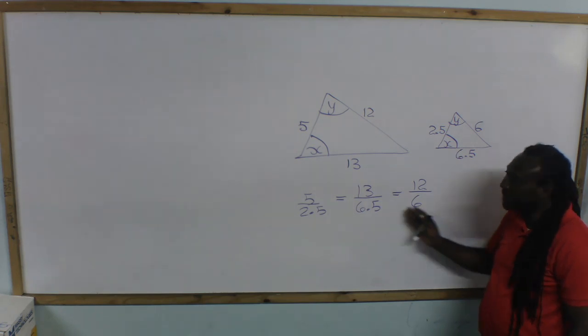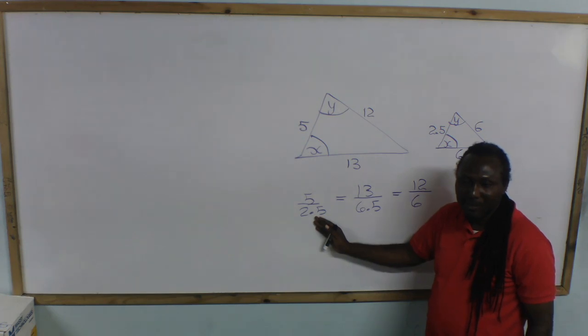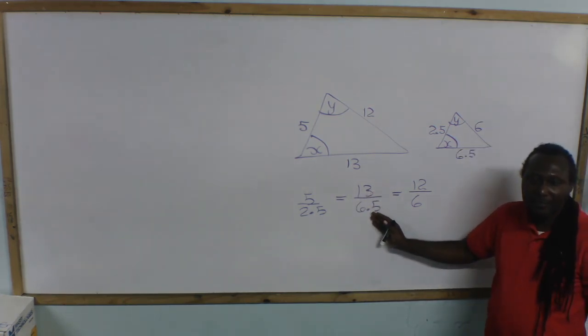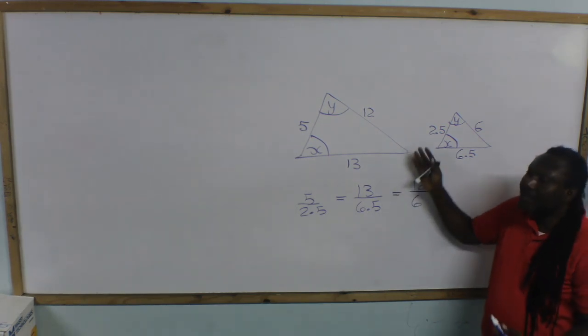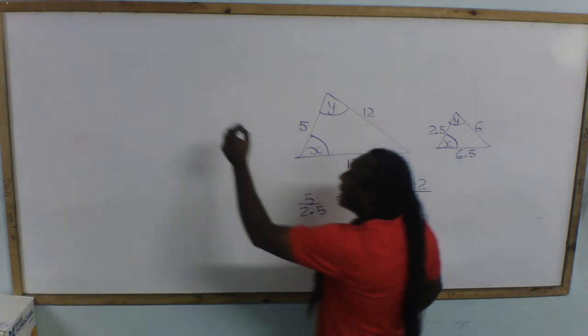What is 12 divided by 6? 2. And 5 divided by 2.5? Well, 2.5 is half of 5, so it should be 2. And 13 divided by 6.5 will be 2. And this is how trigonometry was developed.